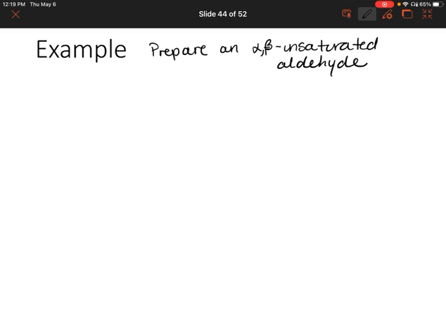All right, so if you reviewed your notes on how to prepare that alpha beta unsaturated aldehyde, you'll know that we start with an aldehyde, and we'll just use a simple one here. And then we use base, and that will give us our beta hydroxyaldehyde.